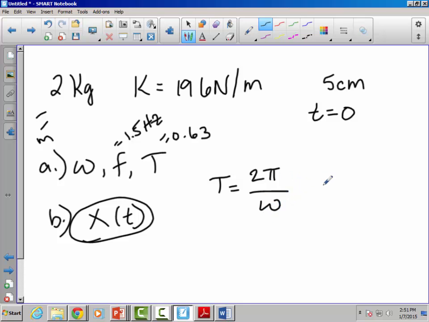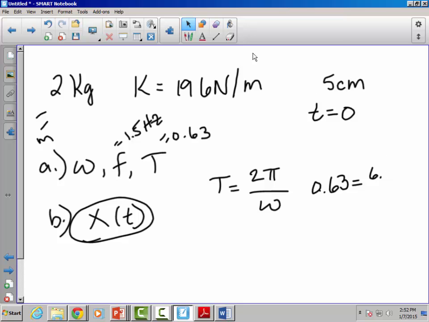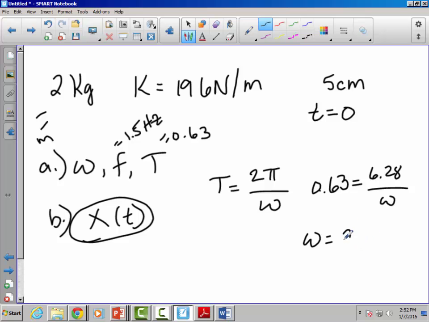So again, we can just plug and chug from here, 2 pi over 0.63, which is 6.28 over 0.63, and we find our angular velocity. I'm sorry, not angular velocity, angular frequency to be about 9.9 radians per second.